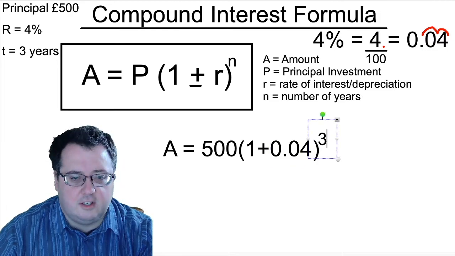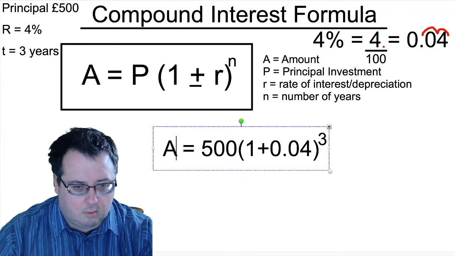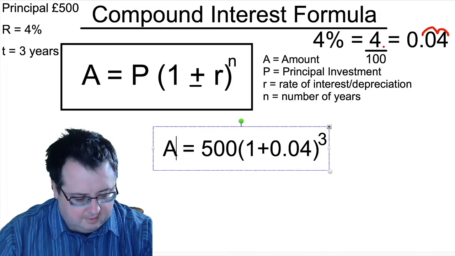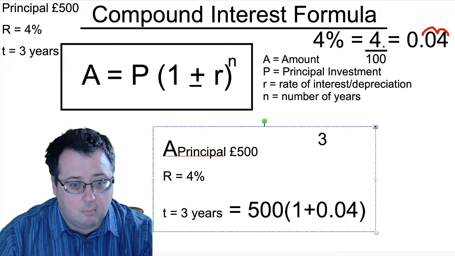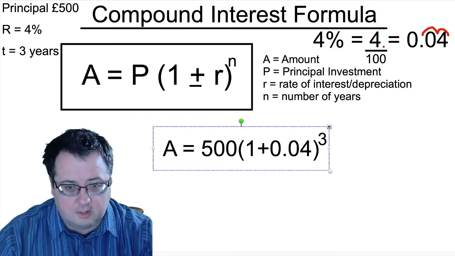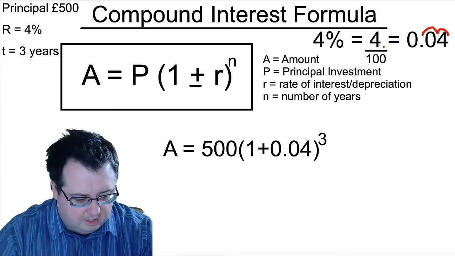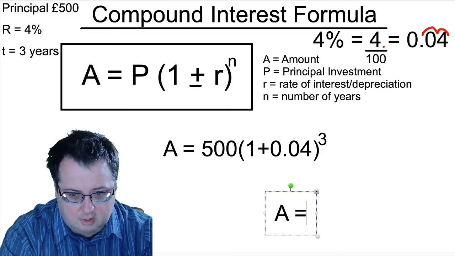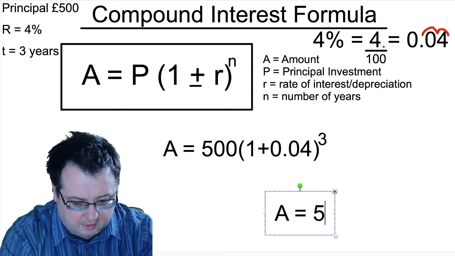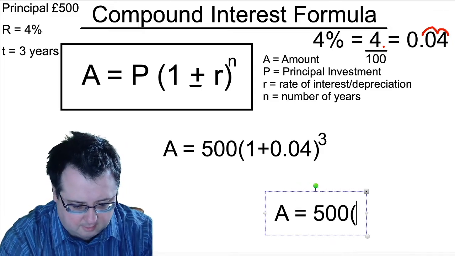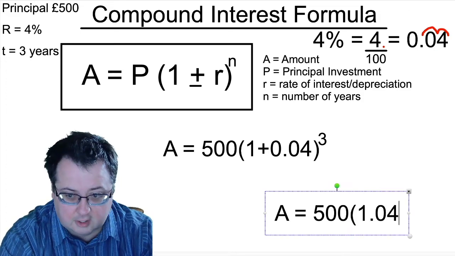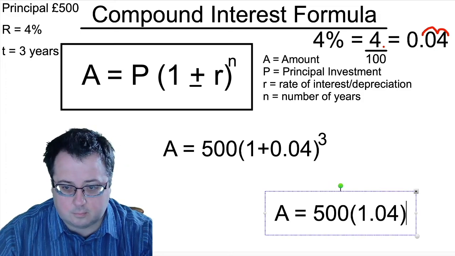And then if we put this into a calculator, we will get this. Nope, that's not what I wanted. I wanted to copy. For some reason it's not allowing me to copy this box. That's okay. I will just rewrite it again. 500, open brackets, 1.04, close brackets.